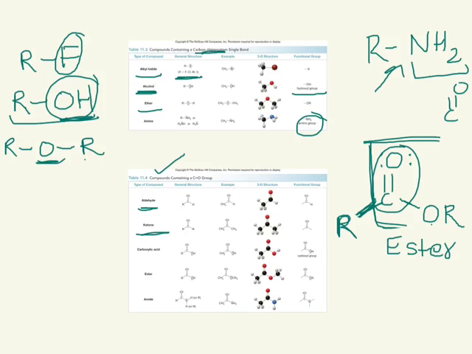The last one is, if we have here, I'm going to put NH2. If we have NH2 attached to this carbonyl, then we call this functional group an amide.